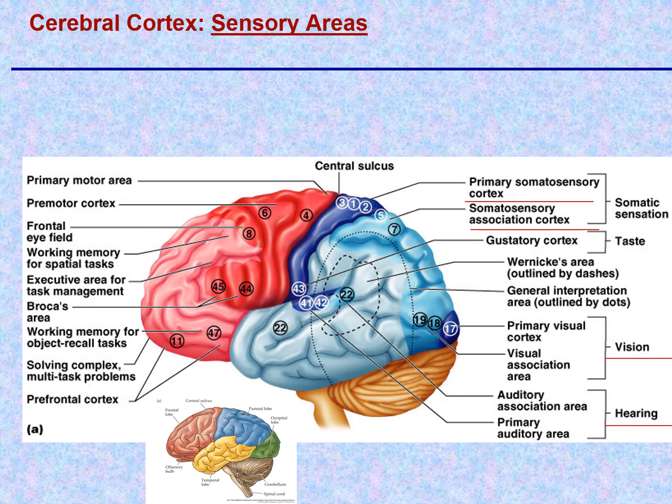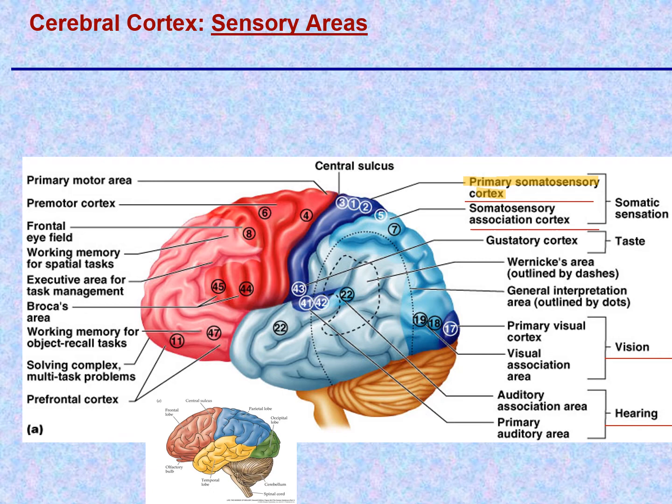So the sensory areas are underlined here, the ones I've mentioned. And the primary somatosensory cortex, of course, as I said, is in this blue gyrus, the postcentral gyrus.